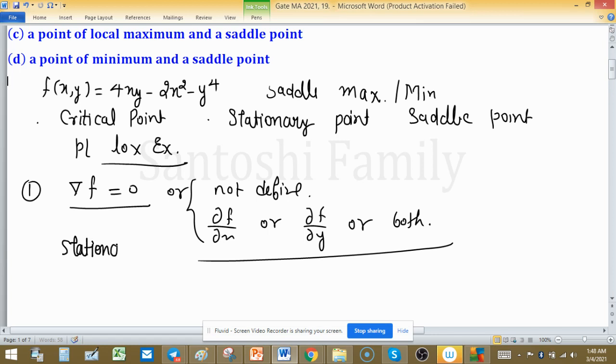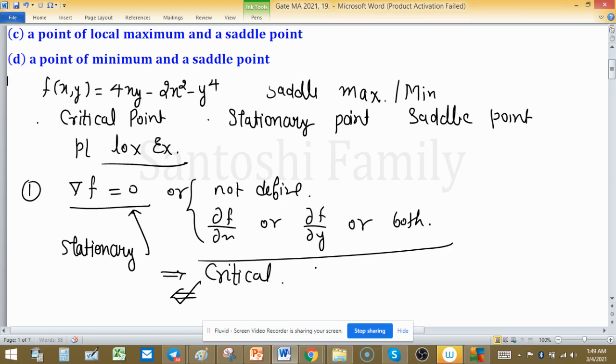Stationary points are only those points where the gradient of f, or partial derivative, is 0. The not defined condition does not come in stationary points. So stationary points imply critical points, but all critical points may not be stationary points.